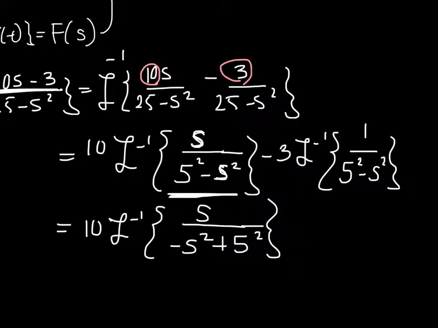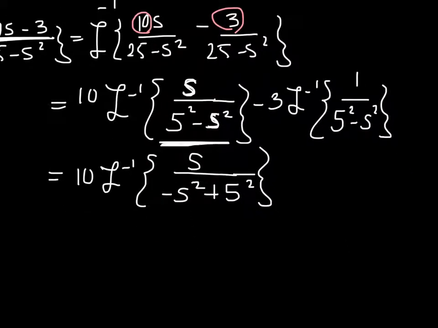I haven't changed anything. But I can factor out a negative 1 because I want my denominator to have a subtraction sign, because that's what hyperbolic cosine is. And I'm looking at hyperbolic cosine because I have an s here. If it was k, then it would be sine. So I can factor out a negative 1 there.